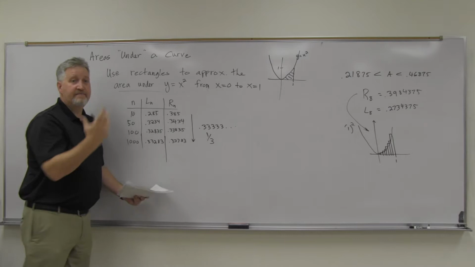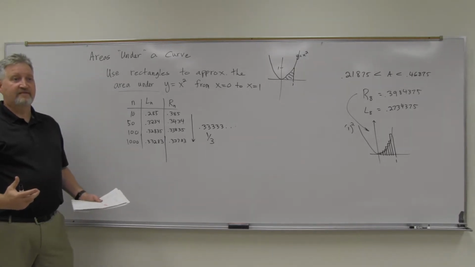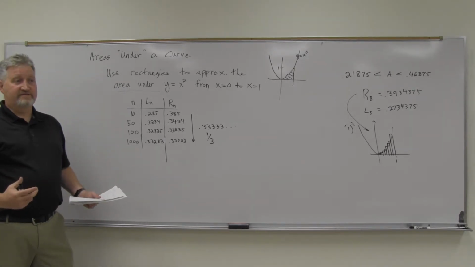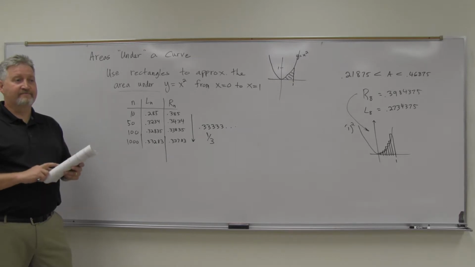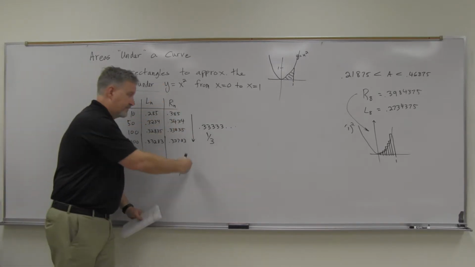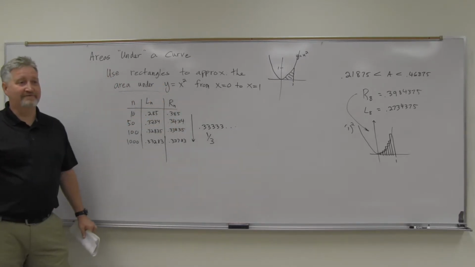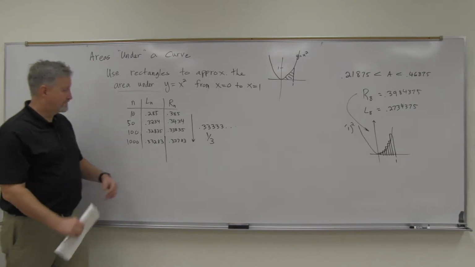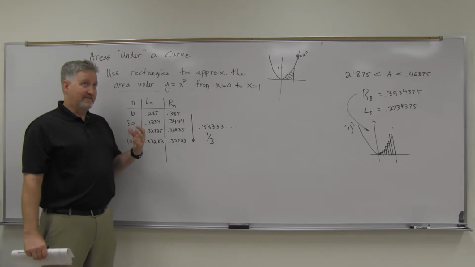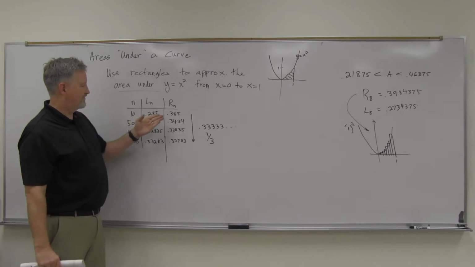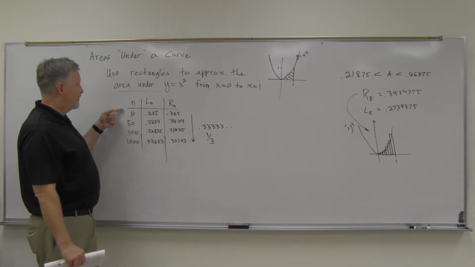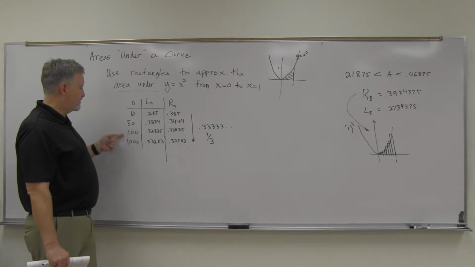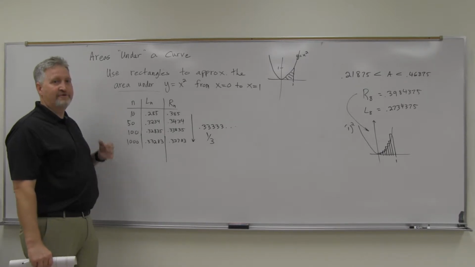So it looks like either side of this, I mean, it doesn't matter. If you look at the limit of these going this way, it looks like it's 1/3. Now what does that tell me? Well, it's a little different, I guess, than the secant line slopes, because what am I doing with my values of n? They're getting larger and larger and larger.